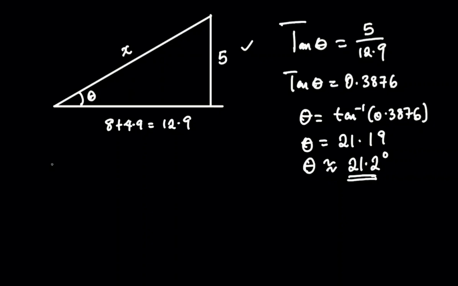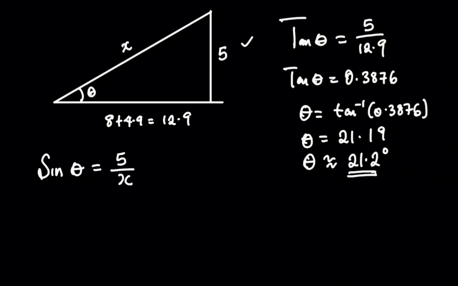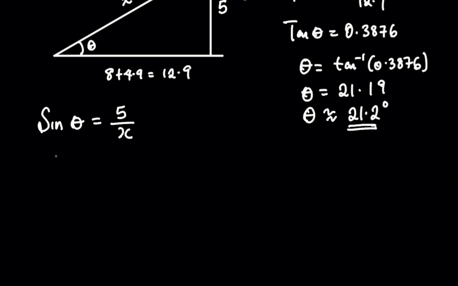Now with respect to x and 5, that is opposite and hypotenuse, we are going to have sine theta is equal to 5 all over x. Now cross multiplying, x sine theta is equal to 5, so that x is going to be 5 over sine theta.